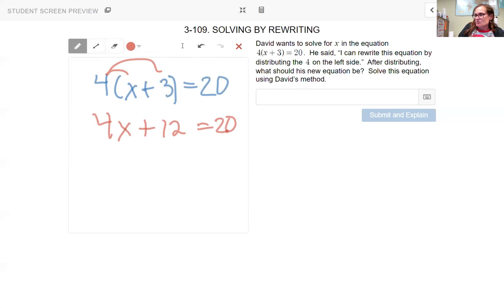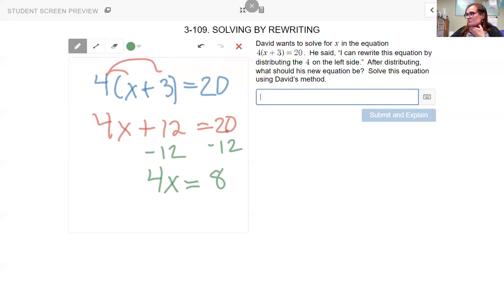As soon as you solve for x, put that answer right here. We need to subtract 12 from both sides. So then we have 4x equals 20 take away 12, which is 8. So 4 times what is 8? And that's what x equals. Put that in the answer box.